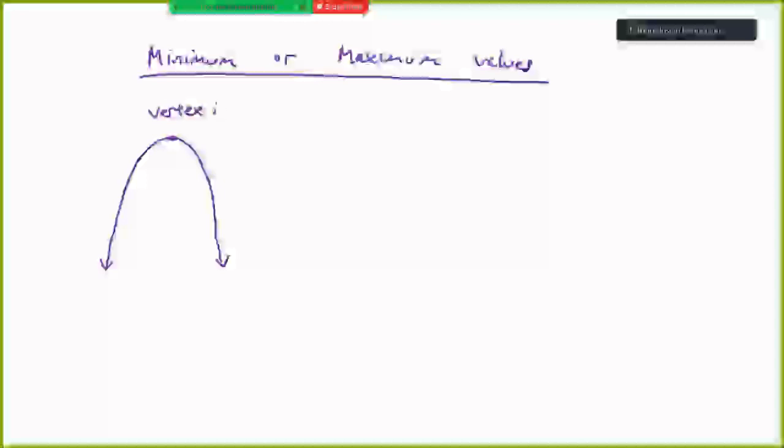So here the vertex is a maximum, right? The vertex is the maximum value of the whole quadratic, highest part. And likewise, if we have a normal upward facing one like this, then the vertex is a minimum.